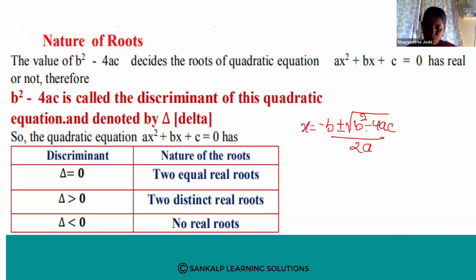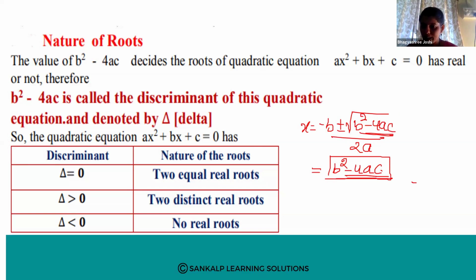So in this formula, the part b square minus 4ac, we call it the discriminant.